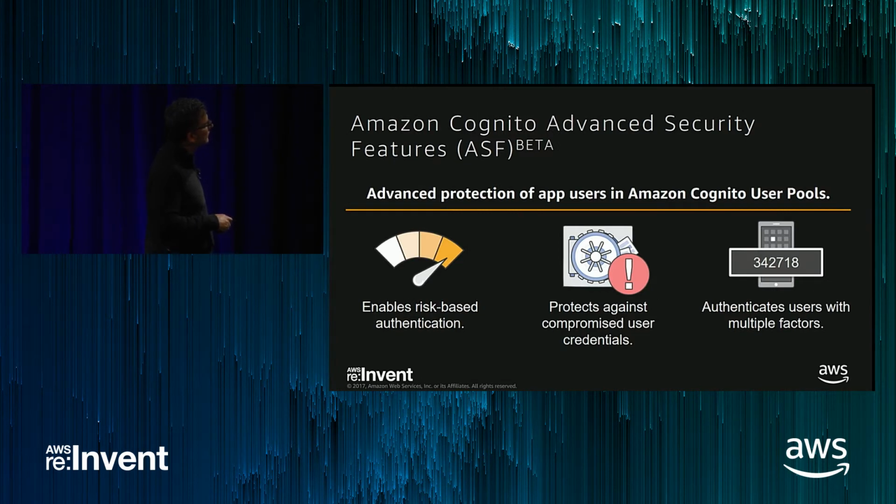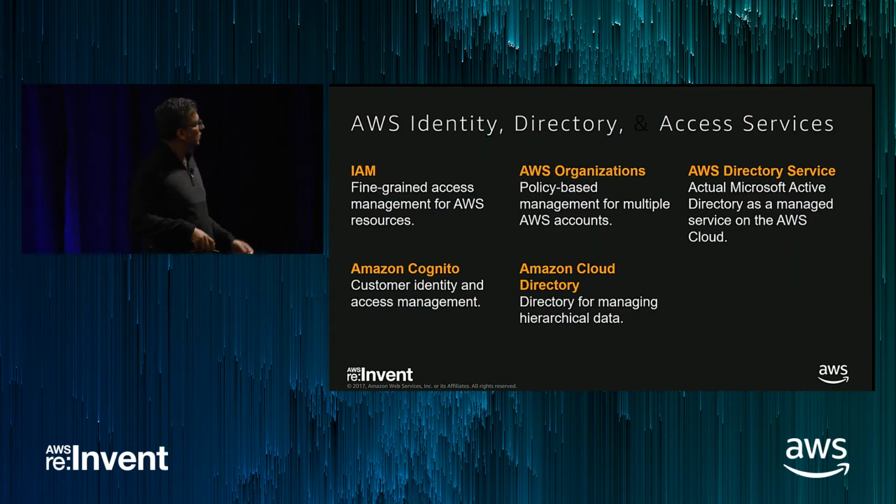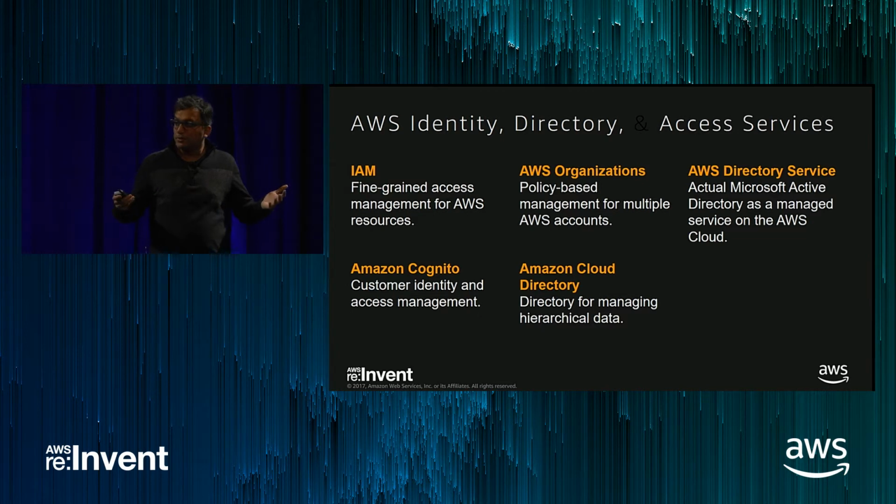Okay, so let me go back quickly. Just to give you a little bit of a feel, as you probably already know, we constantly iterate on our services. I want to give you a couple of examples of things that we've recently launched. In the context of AWS IAM, we recently launched our visual point-and-click editor.